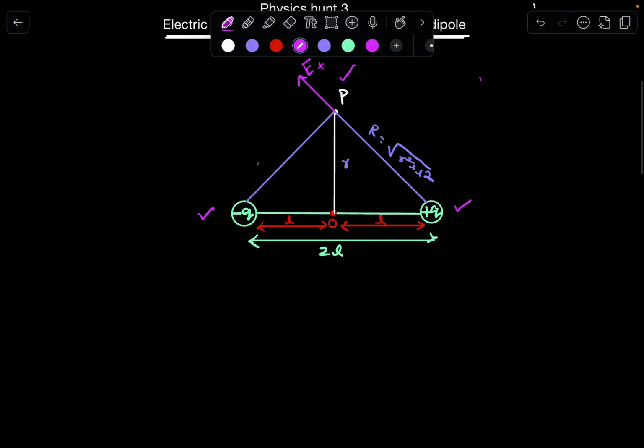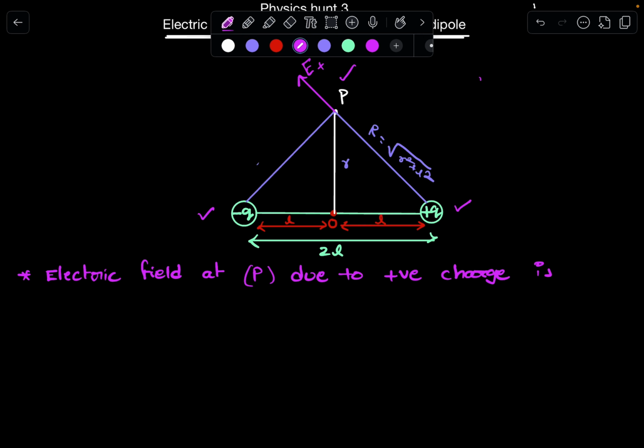The electric field at point P due to the positive charge is E plus is equal to 1 by 4 pi epsilon naught into plus Q by this distance capital R square.